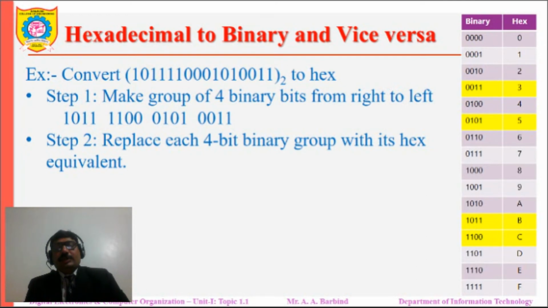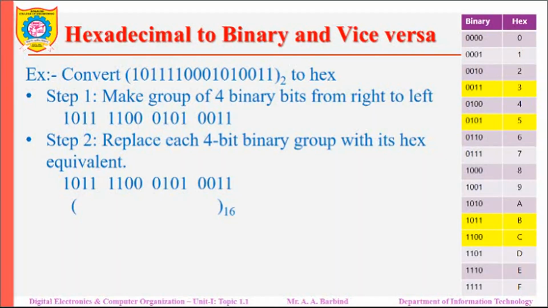So let us do that. Here is the first group 0011. The hex equivalent for 0011 from the table is 3. So we replace that 0011 here with 3.